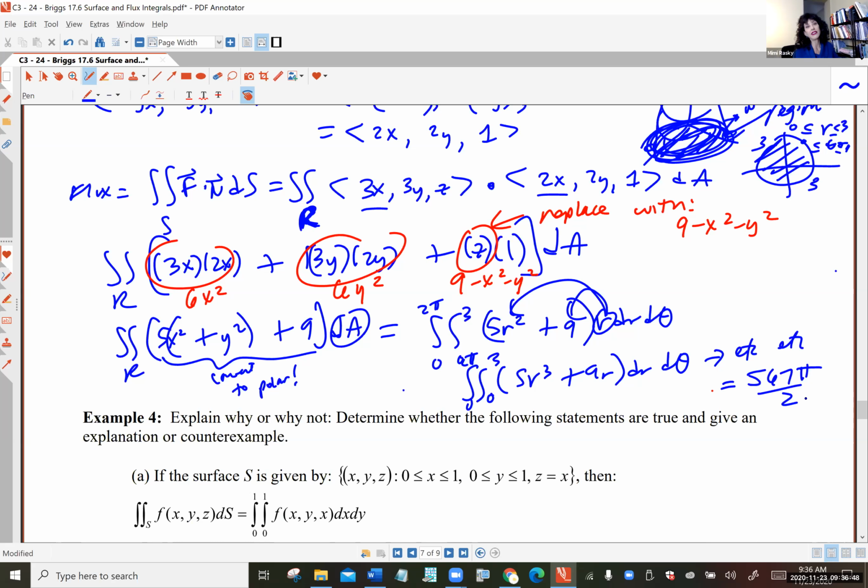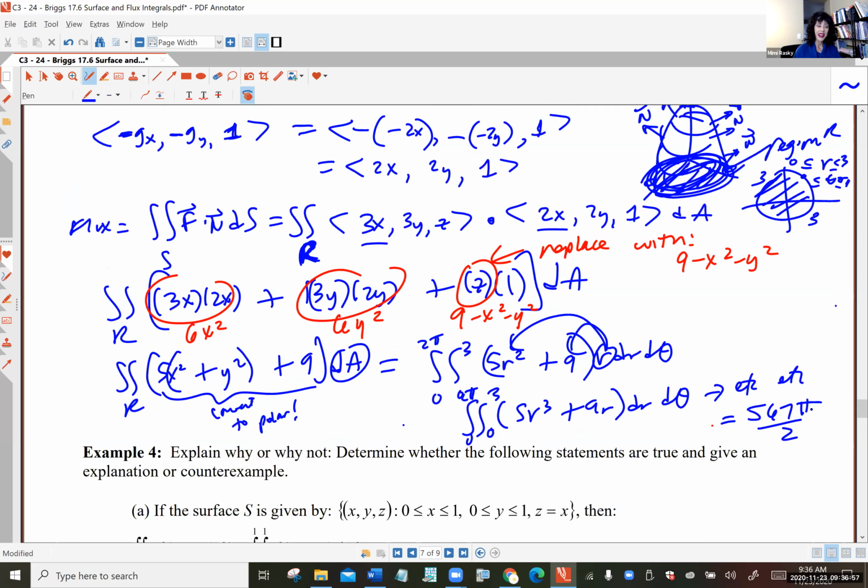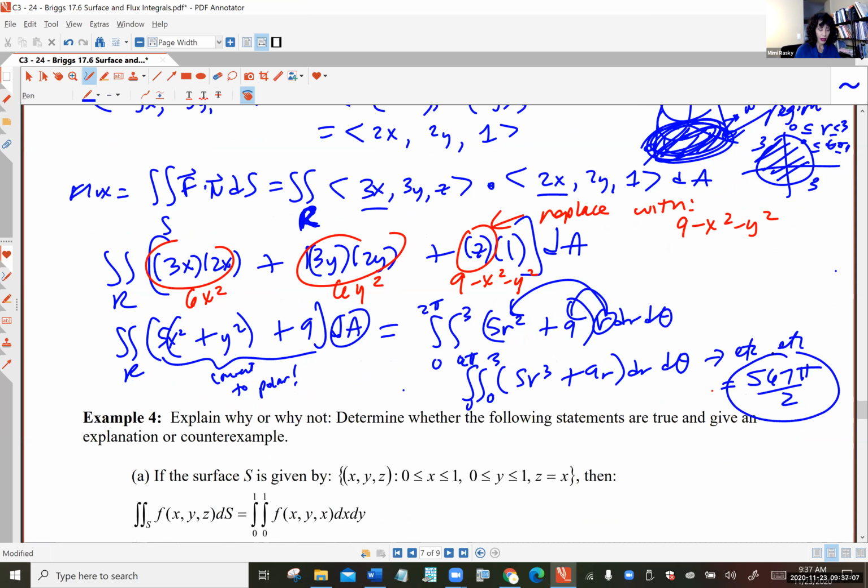So what does that tell us about the flux? There's more liquid flowing outwardly along our shape. If I plunge that surface into the jacuzzi, more of the jacuzzi water would be going out of the surface boundary than going back in. That's all that means. Positive number.